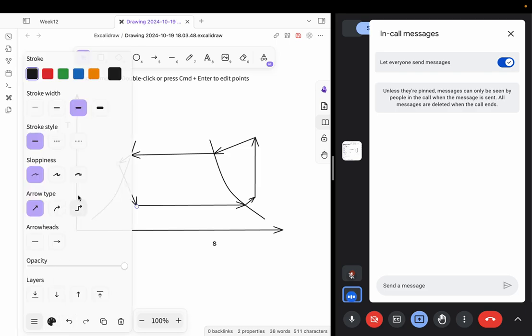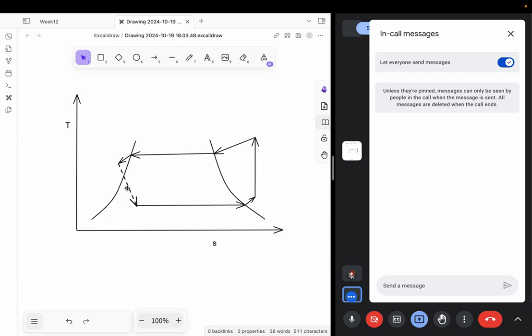This is your expansion process. Since it's a reversible process, I use a dashed line. And of course, this won't be a straight line, so it will be a little bit curved. Okay, so this is clear. So this is my evaporator inlet. This is my ideal evaporator outlet.